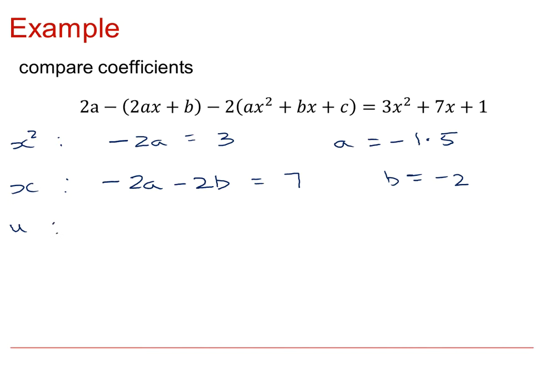And for the units, we would have 2a minus b minus 2c equal to 1. Using the values of a, this would give us minus 3, and for b, plus 2 minus 2c equals 1, and therefore c equals minus 1.